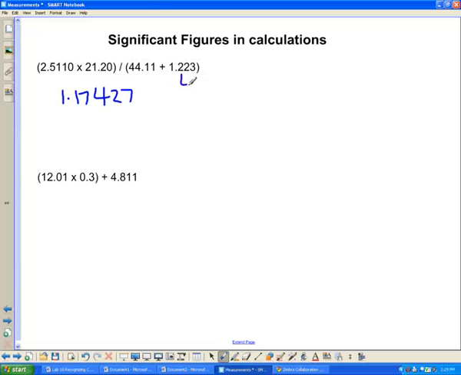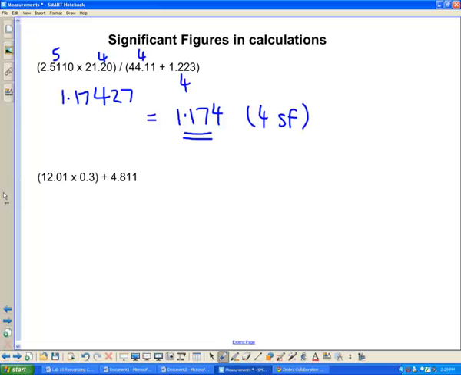So here we have 4 significant figures. Here we have 4, here we have 4, and here we have 5. Which means that the number of sig figs that we show the answer to is going to be 4. So therefore 1.174. Because of that 2, we don't have to do any rounding up, so therefore that is the answer to 4 significant figures.